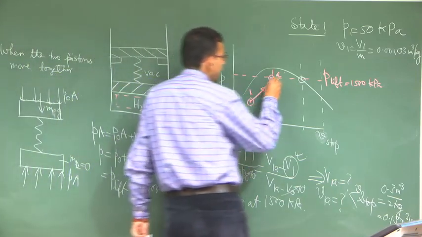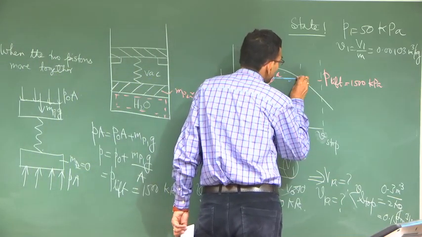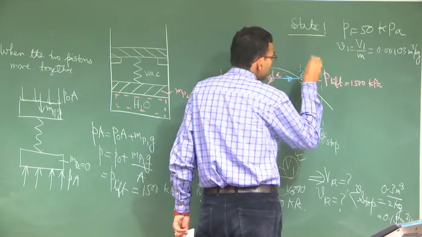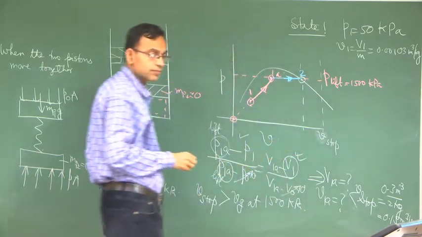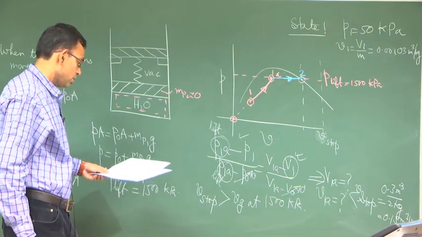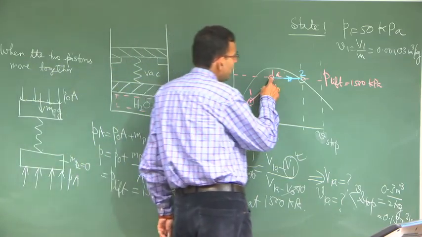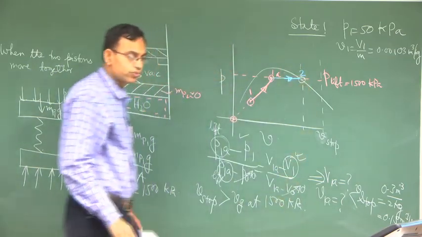So, from 1A to 2 it will continue, but the lower piston will not hit the stops. So, the PV diagram is from 1 to 1A and then from 1A to 2.